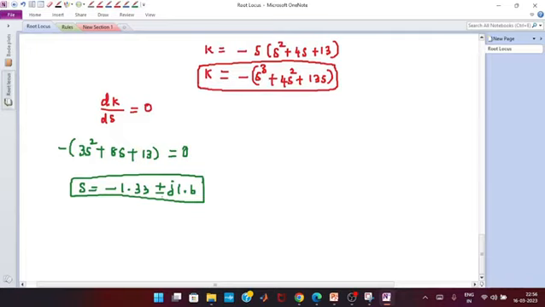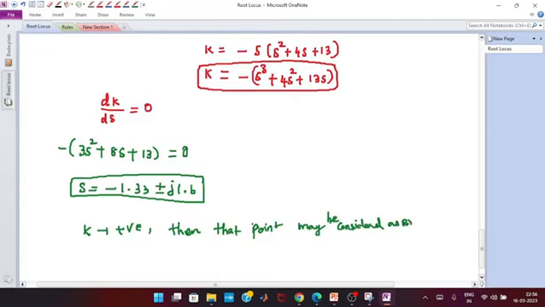Now you try to substitute this value of s over the equation of k, and if k is positive, then that point may be considered as the breakaway point, right?